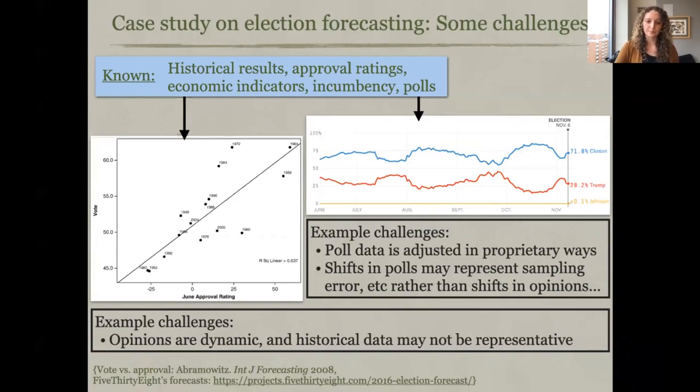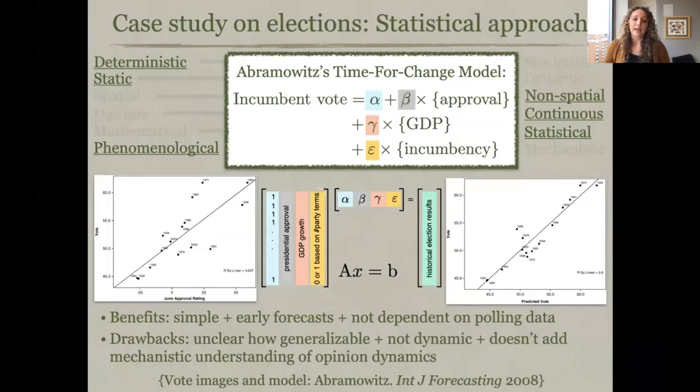So the first approach to building an election forecasting model that I want to highlight is a statistical one. This is from Abramowitz, the Time for Change model. It's related to some of the models that The Economist uses.